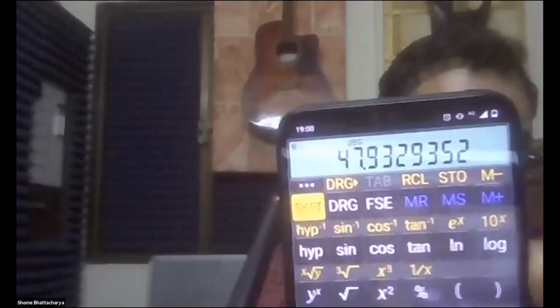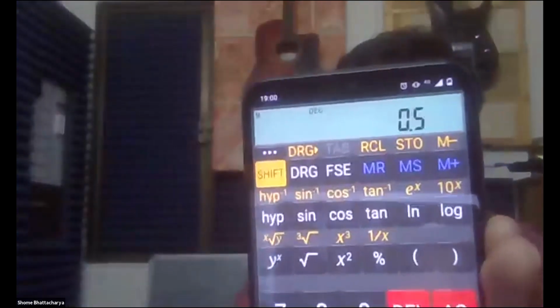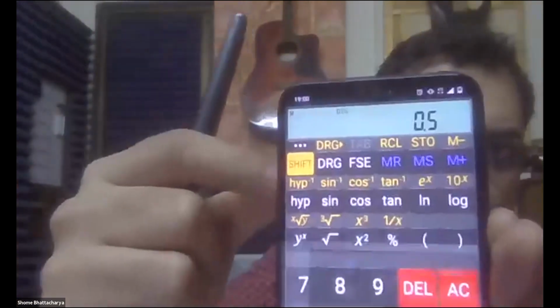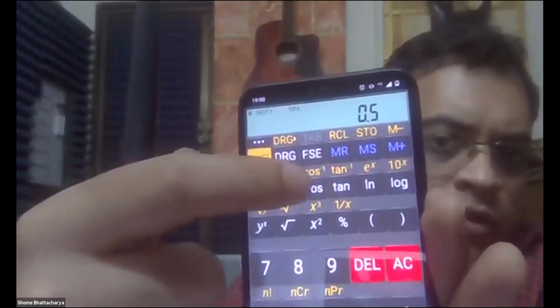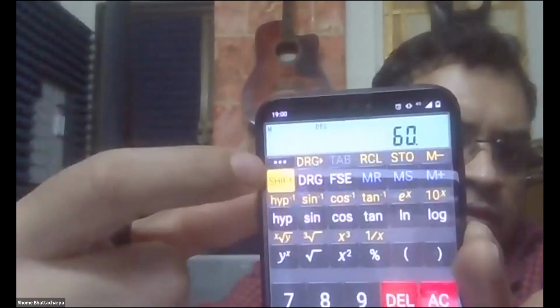Similarly, for example, if I type 0.5, now you know that cos inverse of 0.5 is 60 degrees. So let's work it out. I will type shift, that is the inverse function of cos. It is giving me 60 degrees.